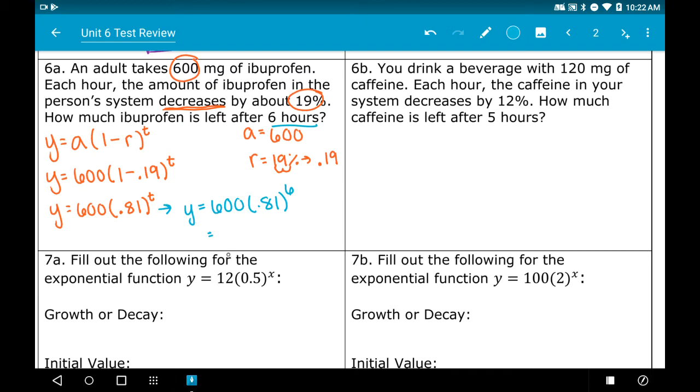So now all we have to do is plug it in the calculator and see what we get. Be careful if you're putting this in your phone calculator. It may not give you the right answer.